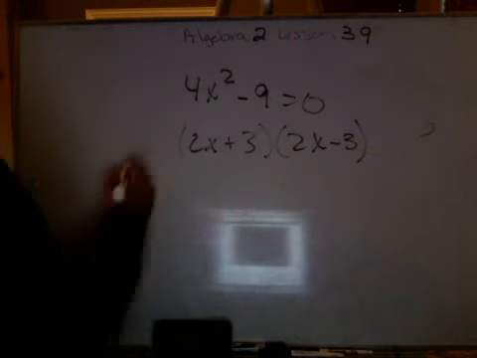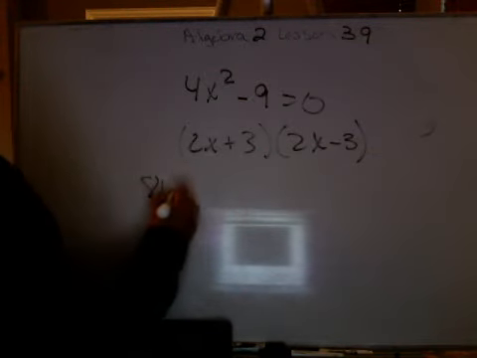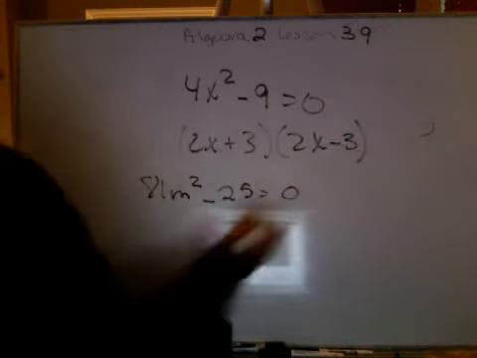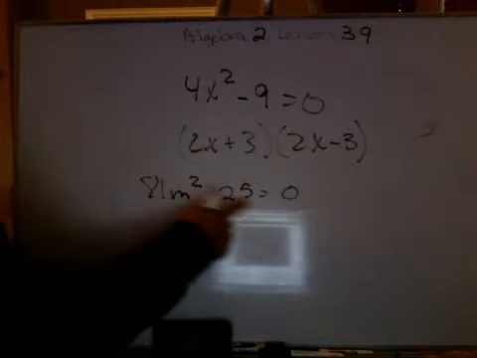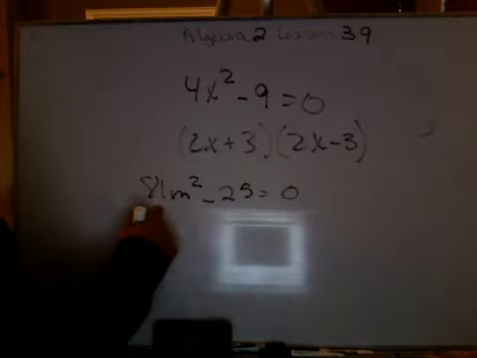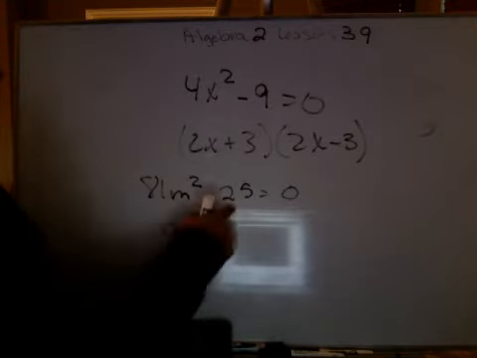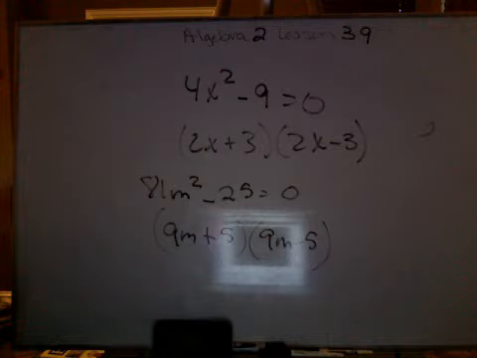So let's look at the next one. Solve 81m squared minus 25 equals 0 by factoring. Well, we've got a difference of squares, so we take the square root of this, which is 9m, plus the square root of that, which is 5, times its conjugate, 9m minus 5, and there's your factoring.